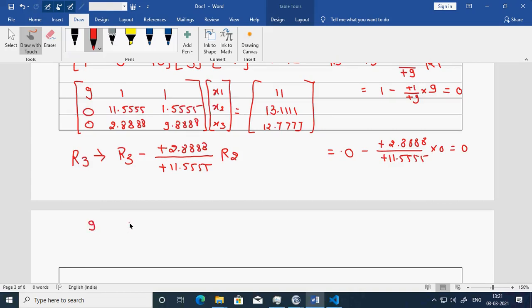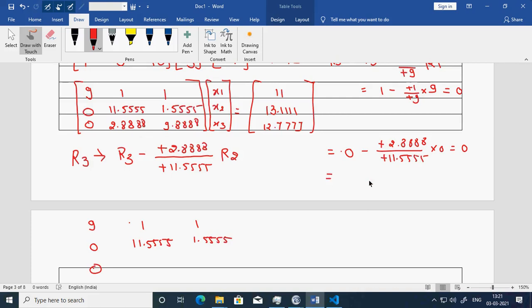So I am going to write 9, so I have this is 1, 1. This is not going to change at all because I am using this row to modify something. Now I recently got this value to be 0.